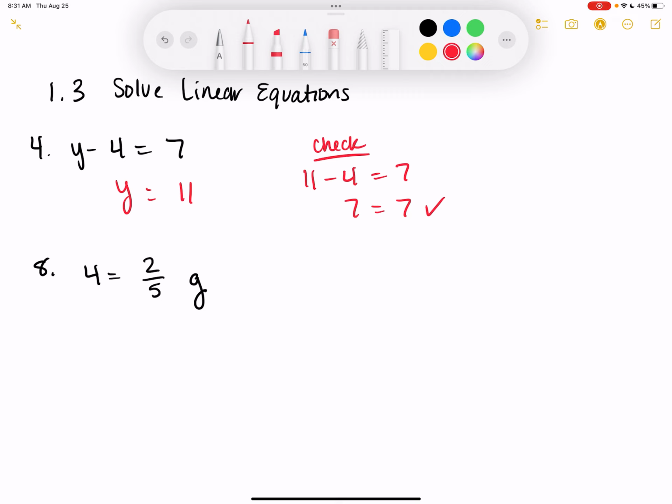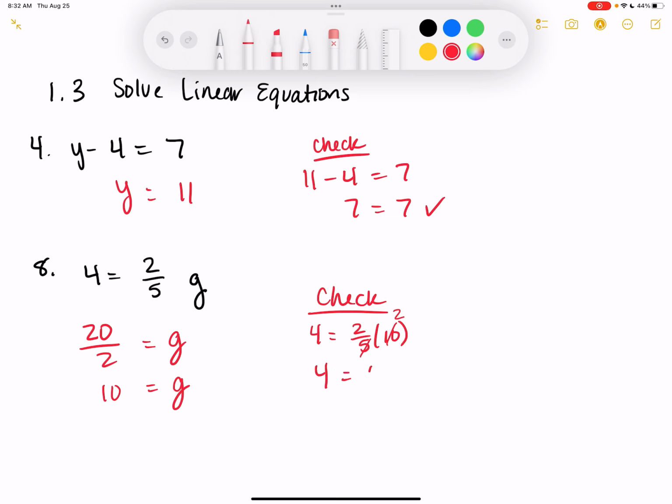So then that's going to give you 20 over 2, which is 10. So then we'll plug it in to check it. So 4 equals 2/5 times 10. So then the 5 and the 10 can reduce to a 2. So then you'd have 4 equals 4.